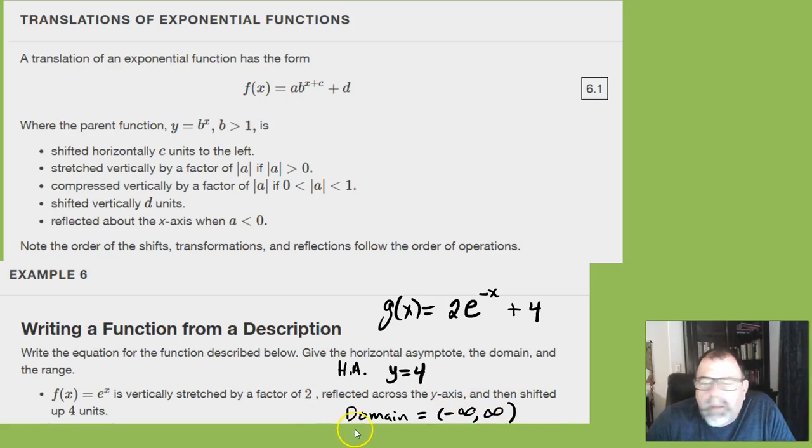And then the range, well, it got shifted up 4, and the negative flipped it about the y-axis. So e to the x looks like that, so we're doing e to the negative x. The 2 is stretching it, and then we lifted it up 4. So the range is going to be from the horizontal asymptote to infinity. So it would be from 4 to infinity.